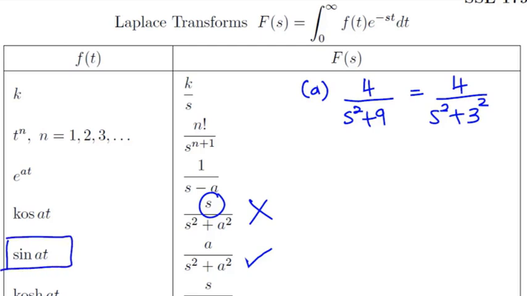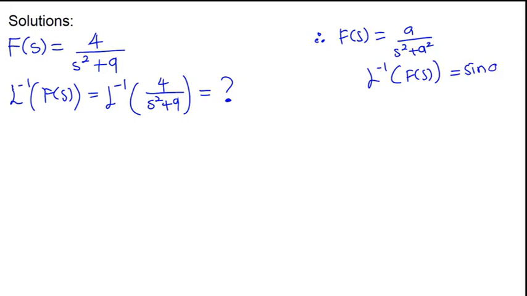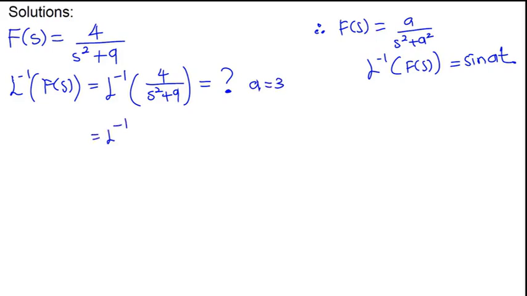Okay, we go back to our solution. We can jot down here F(s) equal to a over s squared plus a squared, so Laplace inverse of F(s) should be sin(at). From here we know that a is equal to 3, so you can write Laplace inverse of 3 over s squared plus 3 squared.